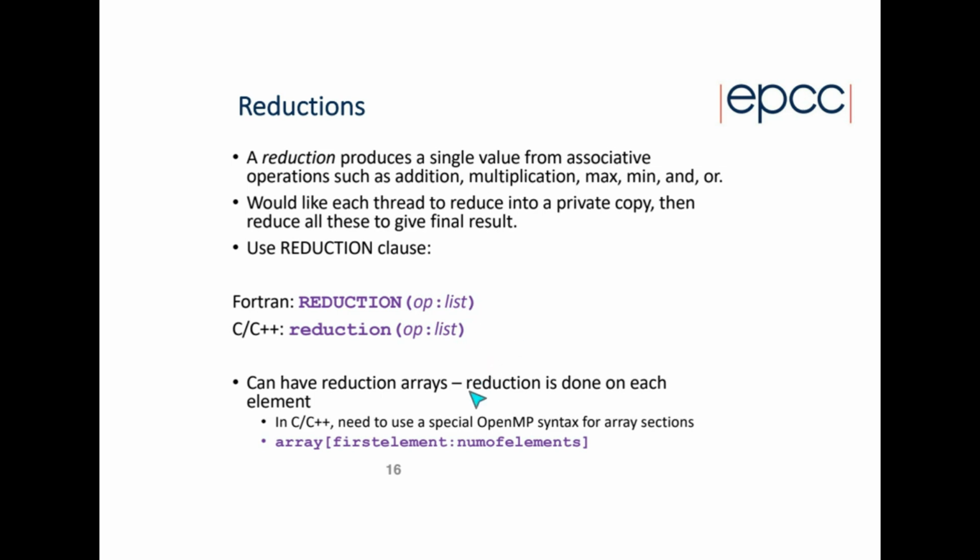This works for arrays as well as scalars, but the semantics for arrays is that the reduction is done on each element separately, so that the result is still an array. Okay, it's not adding together the elements of the array to produce a scalar at the end. It's doing an individual reduction on every single element in the array. So that's no problem for Fortran.